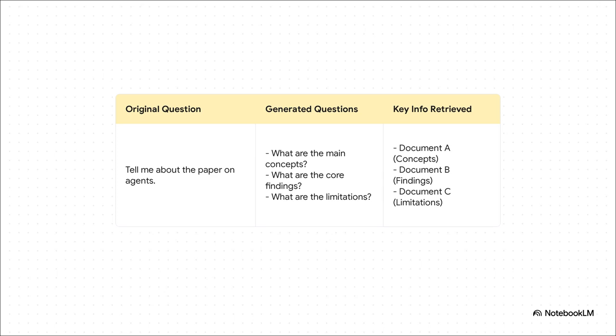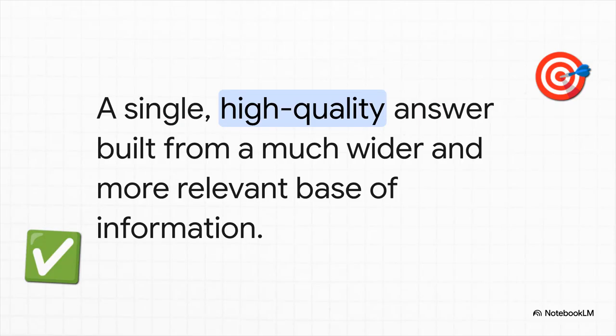But those new questions it generated about findings and limitations, well, they found documents B and C. Each question pulls in a different vital piece of the puzzle. So the end result is that the AI gets to build its final answer from a much, much wider and more relevant pool of information. It's not just relying on one piece of the puzzle anymore, it's looking at the whole picture. And that's how you get that single, high-quality, comprehensive answer you were looking for in the first place.